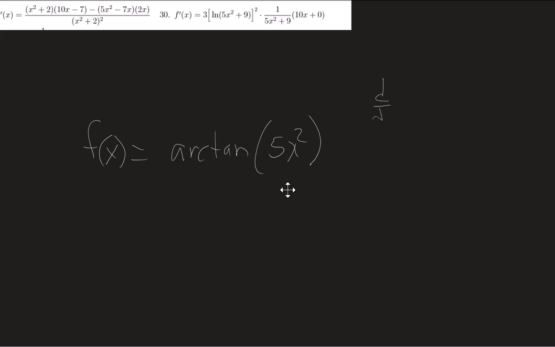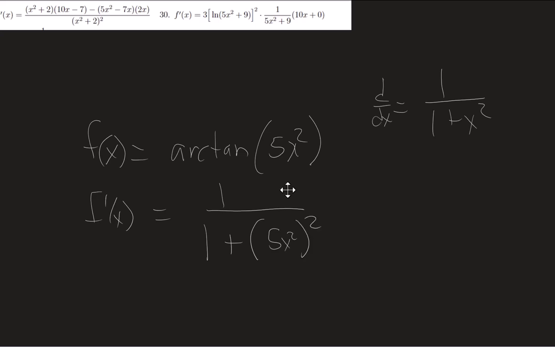If I wanted to take the derivative of the arctangent of 5x, it would be 1 over 1 plus 5x squared, but then times the chain rule, times the derivative of 5x squared, which is 10x. So this would be 10x over 1 plus 25x to the 4th. Okay, so those are some practice problems if you want to work on those.